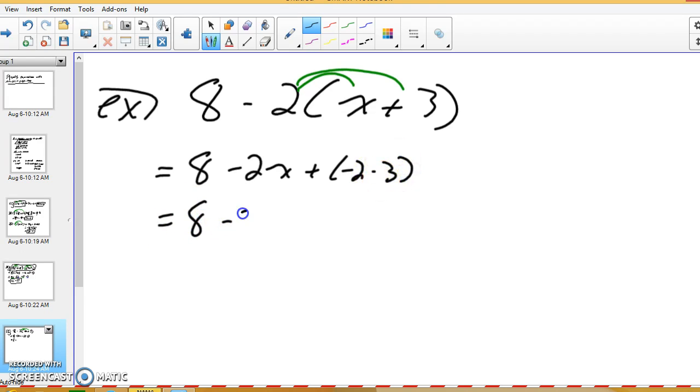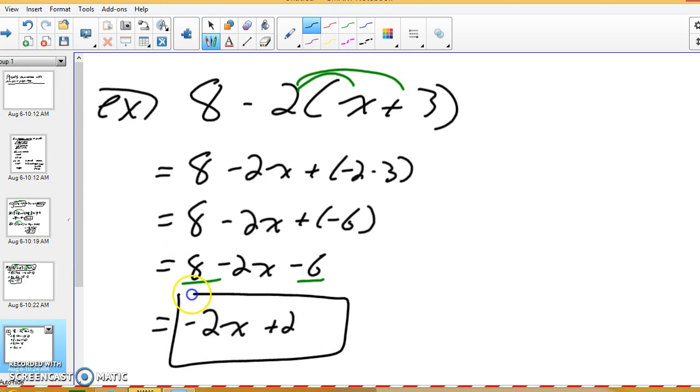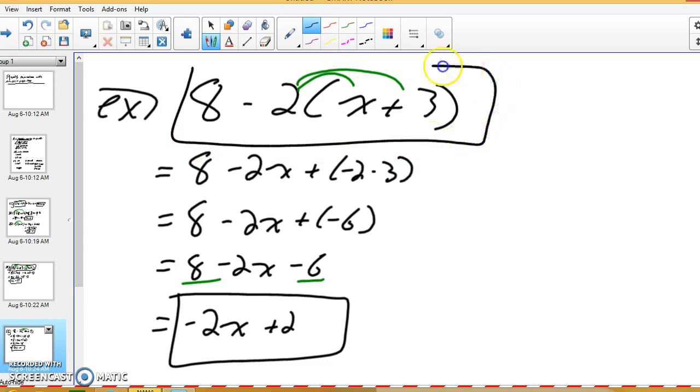Well, that would be equal to 8 minus 2x plus negative 2 times 3, well, that would be negative 6. It would be 8 minus 2x minus 6. And again, we have like terms, so we're going to simplify those. So this would be negative 2x, 8 minus 6, plus 2. So again, this shorter expression is the exact same thing as this long expression, just simplified by using the distributive property.